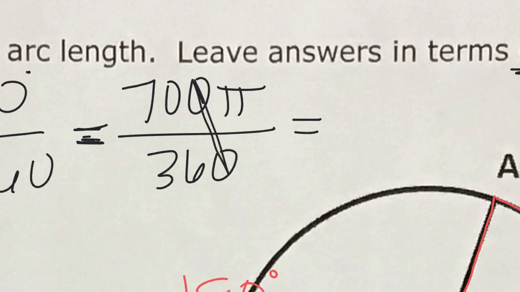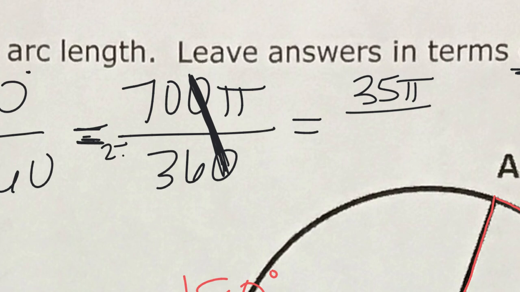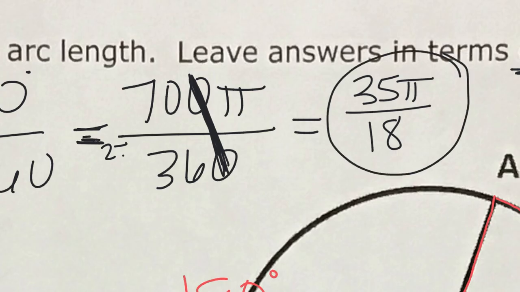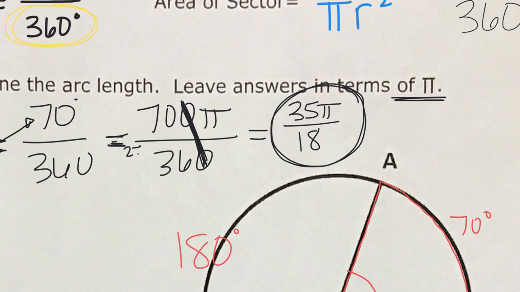Well, I know that the zeros cancel, that's a 10 divided by 10. 70 and 360, they're both even numbers, so I can divide them both by 2. 70 divided by 2 is 35. 36 divided by 2 is 18. Can 35 and 18 be reduced to anything? Nope. So this is your exact answer, 35 pi divided by 18, and my units are meters.